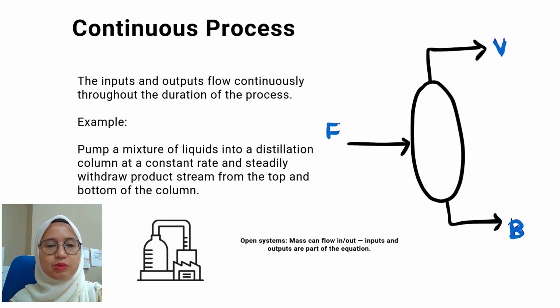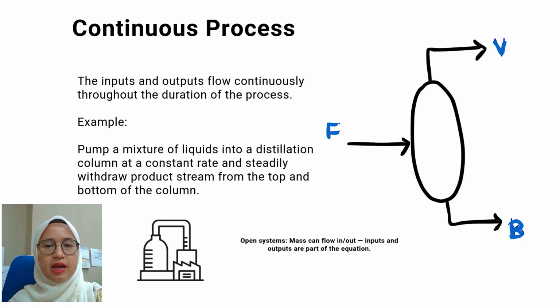The continuous process has one feed being introduced to the distillation column, and there are two outlets. In this case, we have vapor from the top and liquid at the bottom of the distillation column. So in this process, we have mass flowing in and flowing out of the process.